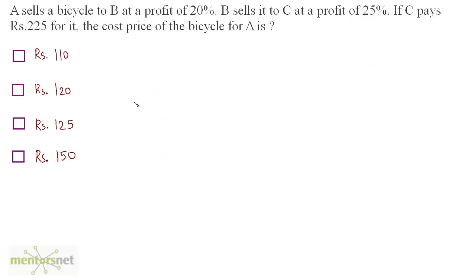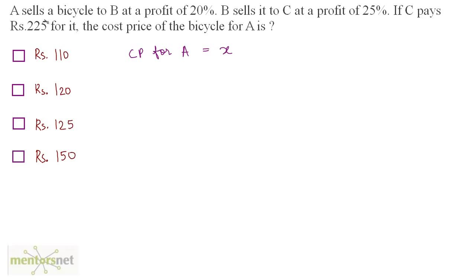A sells a bicycle to B at a profit of 20%. B sells it to C at a profit of 25%. If C pays rupees 225 for it, the cost price of the bicycle for A is. Well, let us assume that the cost price of this bicycle for A is X rupees.